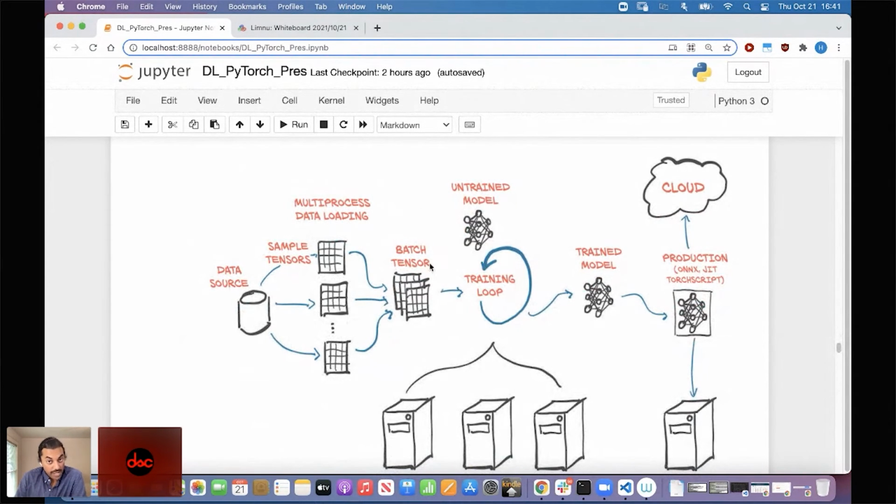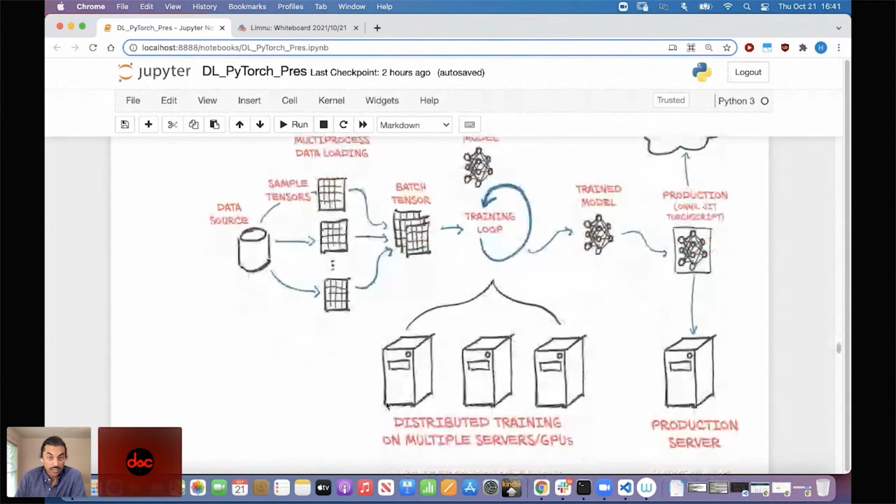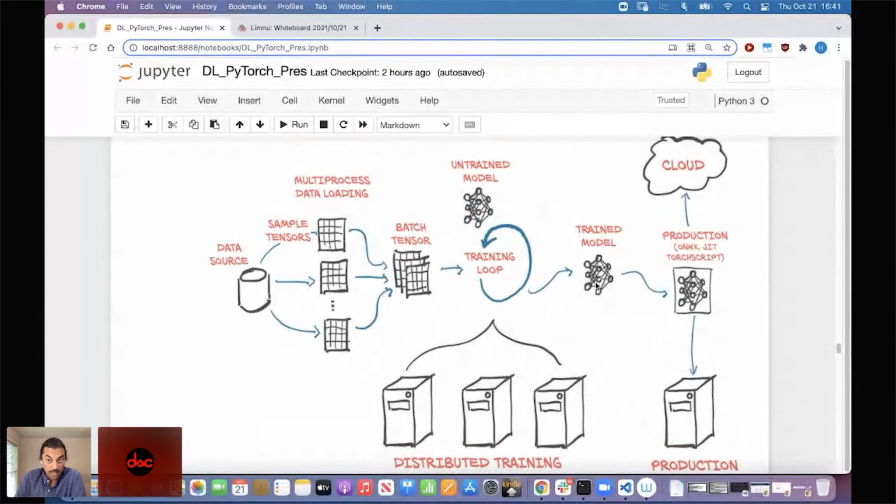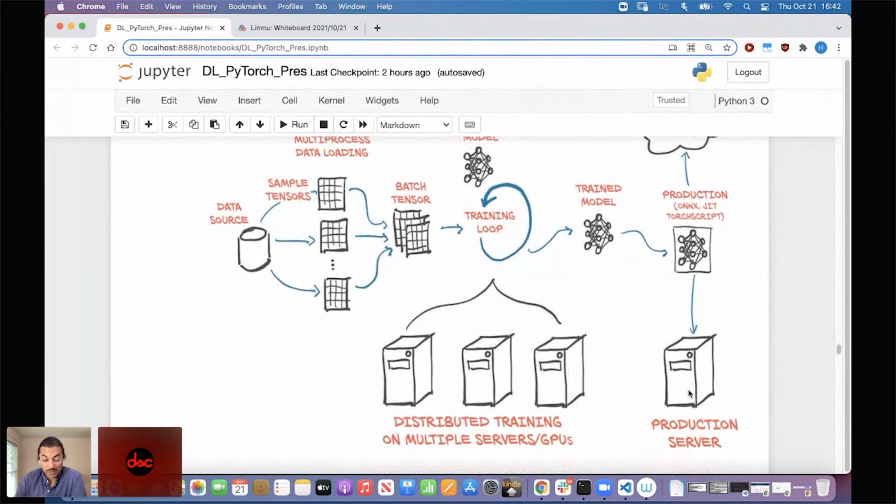Then this is where the magic happens, the training loop. The model is trained, and here are all your computers and GPUs doing all this work. Finally, you end up with a trained model. Once you have this trained model, you're ready to push it into production, and then you can use it and analyze it for the application that you want.